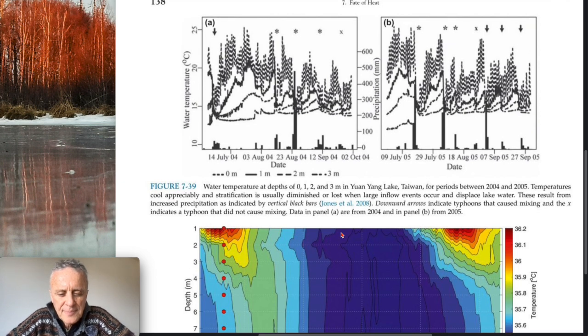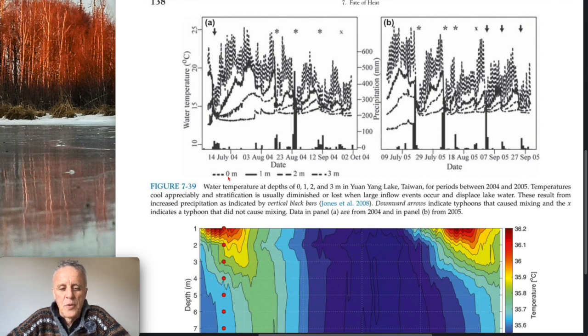So let's see here. We have the x-axis, the dates, the time, and on the y-axis here we have the water temperature, and then on the other y-axis we have the precipitation, and then we have the different depths at which the temperature change was monitored.